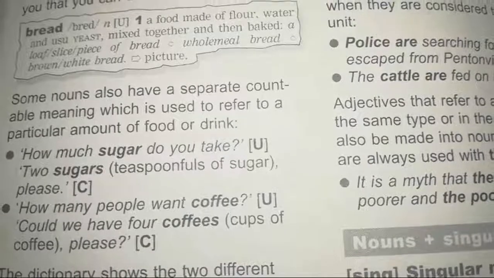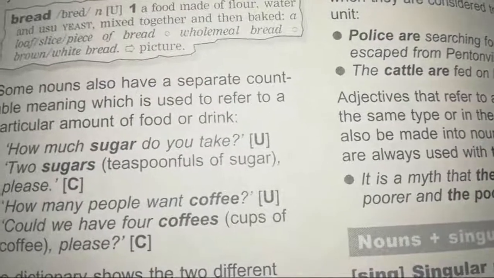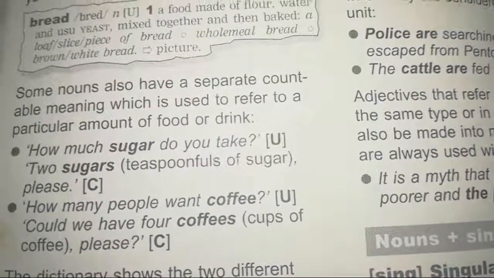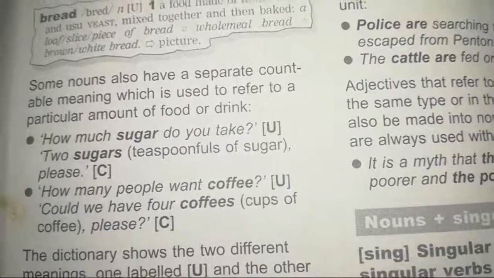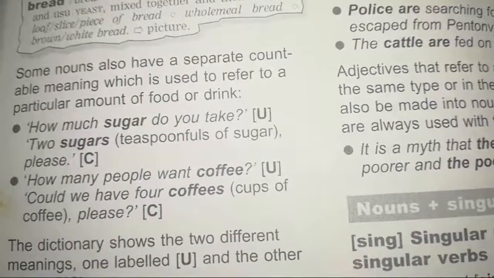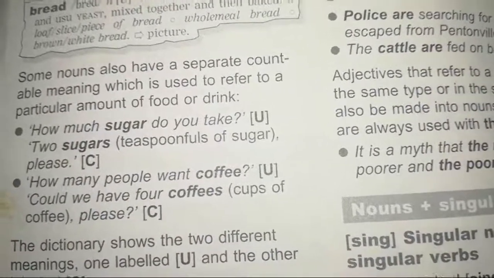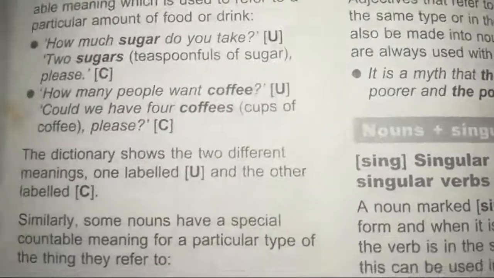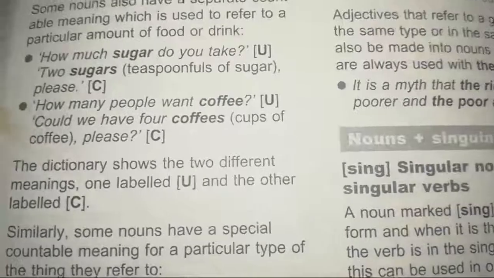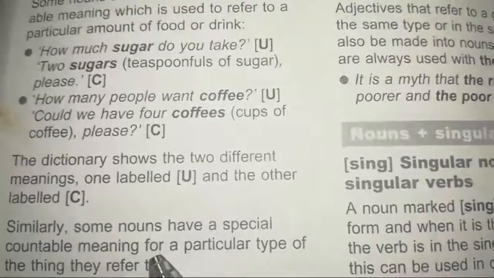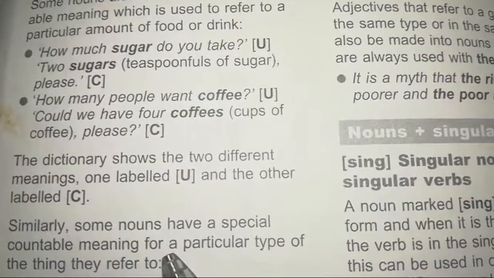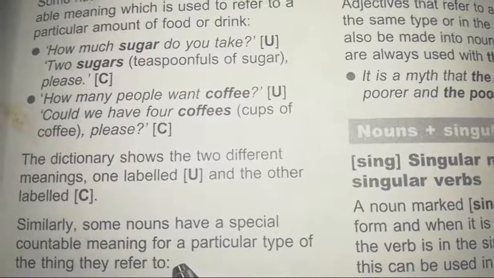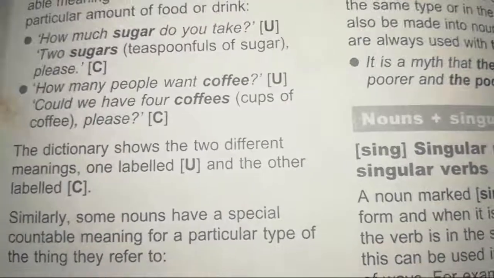Two teaspoonfuls of sugar, please. How many people want coffee? Could we have four cups of coffee, please? The dictionary shows the two different meanings, one labeled U and the other labeled C.